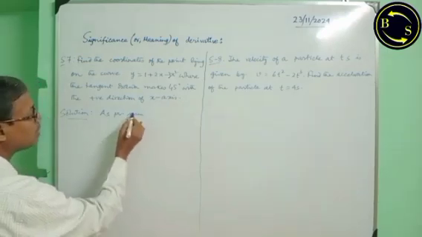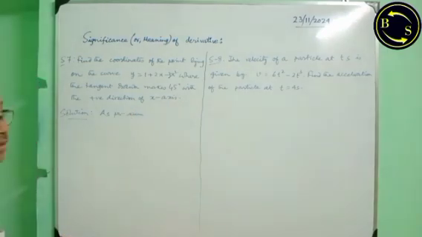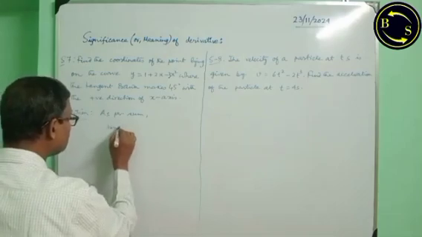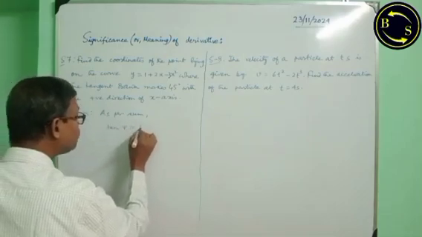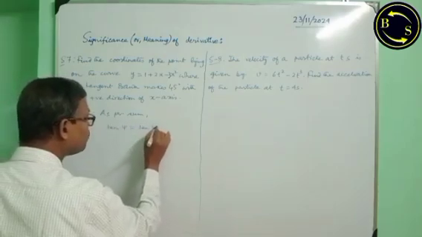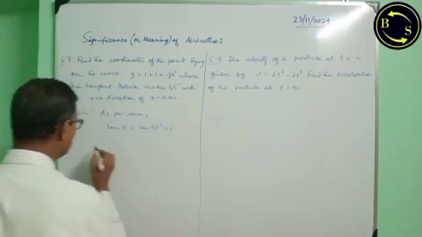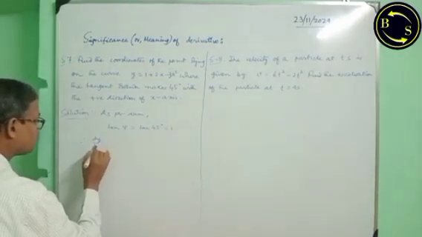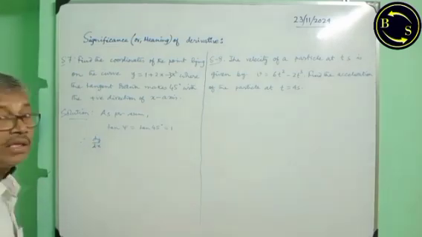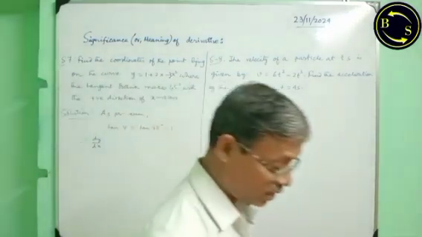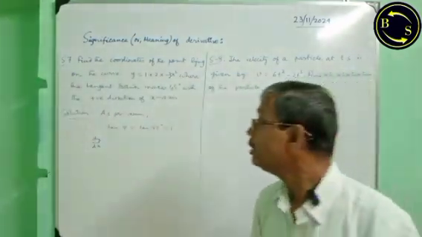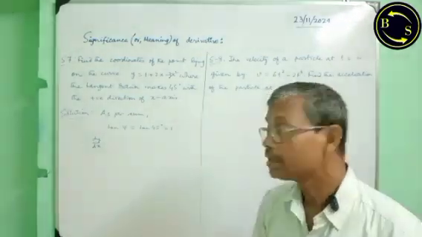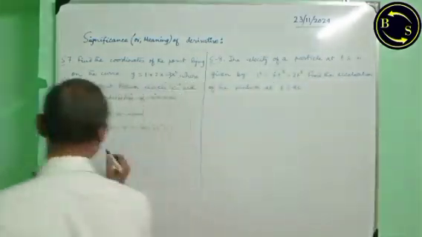Since the tangent is making angle 45 degrees, therefore tan psi is equal to tan 45 degree, that is 1. Tan psi is the slope of the tangent to the curve. Therefore dy/dx is equal to 1.